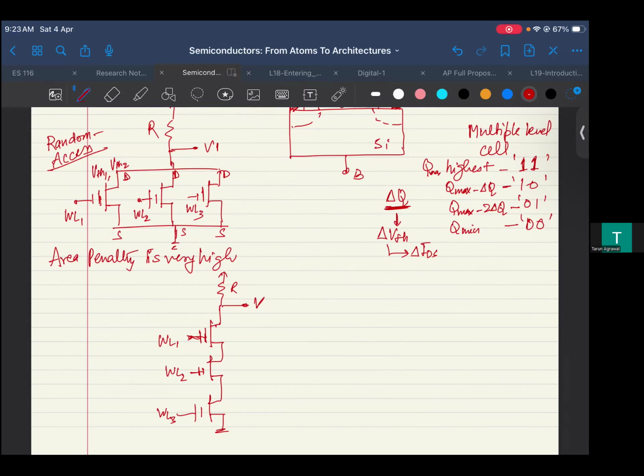But the problem here is, because the drain and source of the MOSFETs are connected, until these two are also on, you would not be able to read the state because it's in the NAND configuration. So the first problem is that random access is a problem, right?